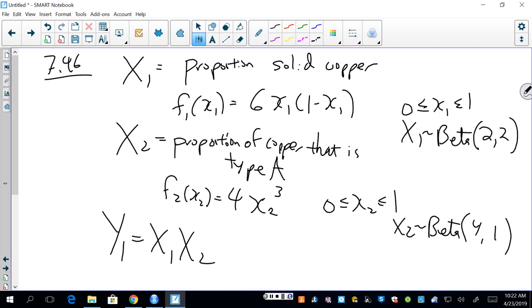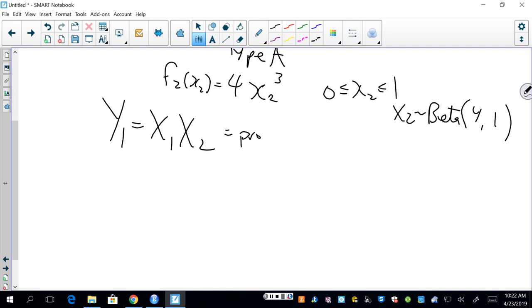So you have some material, that would be the proportion out of all the material, not just out of the copper, but out of all the material that's type A copper. So this is the thing that we're interested in, the proportion type A copper overall.